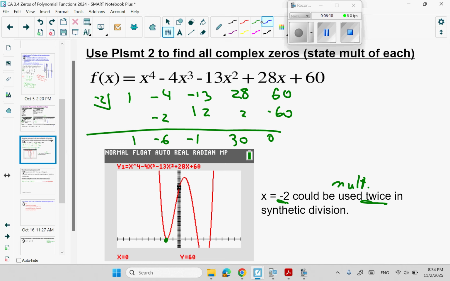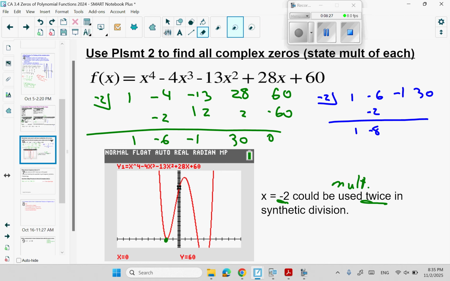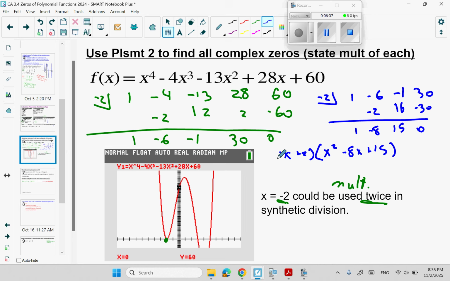Again, I can use -2, with these numbers: -2, 1, -6, -1, 30, 1, -2, -8, +16. 15, -30, 0. So we get x squared minus 8x plus 15 and x plus 2 quantity squared.